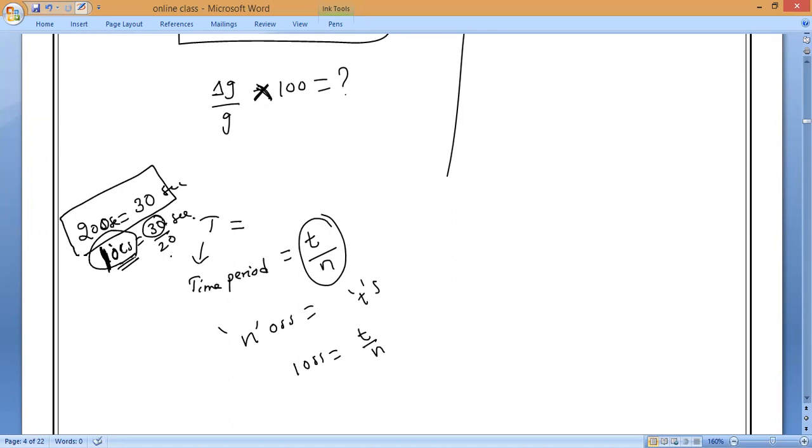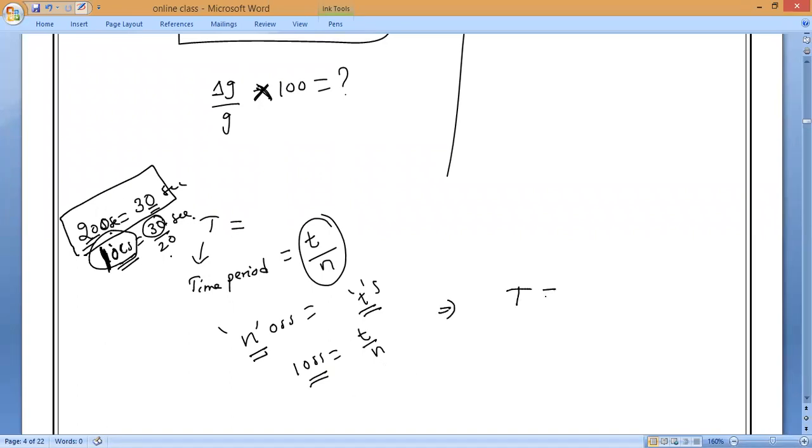Means if instead of 20 oscillations I take n oscillations, and instead of 30 seconds I take t seconds, then the time taken to complete one oscillation is t by n. Is it clear?